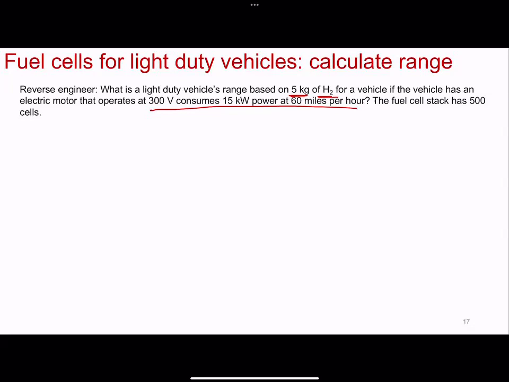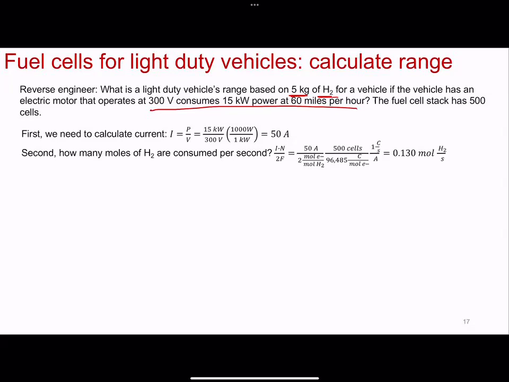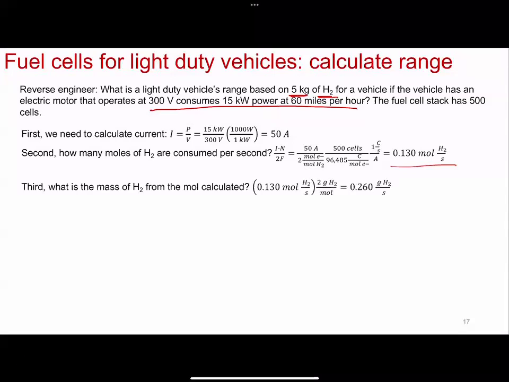How far can you go? What's your range? So you do similar calculations where you calculate the current. We already calculated that as 50 amps, and the number of moles of hydrogen consumed per second is 0.13. Converted to mass by multiplying by molecular weight, that's 0.26 grams of hydrogen consumed per second.